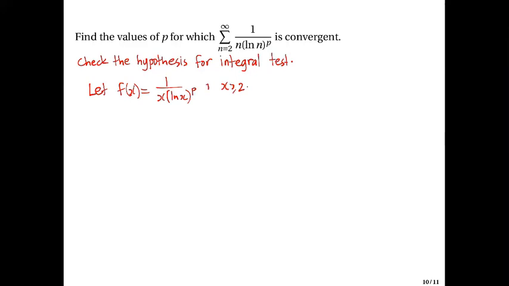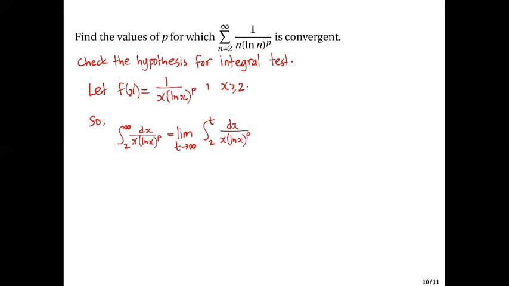So let's look at the improper integral from 2 to plus infinity of 1 over x ln of x to the p dx. And by definition again, you have the limit as t approaches plus infinity, integral from 2 to t of dx over x ln of x to the p.